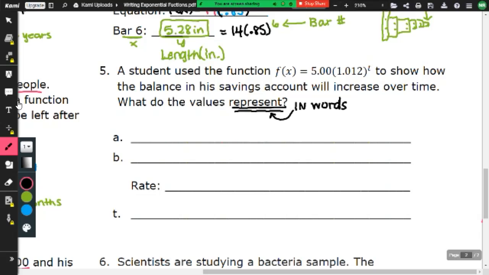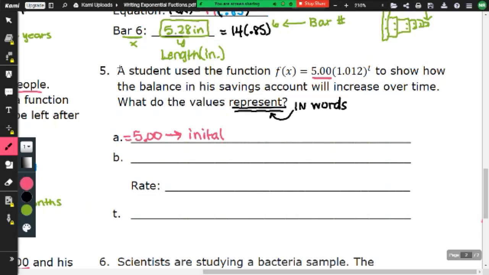So first things first, what is my value of A? A is my y-intercept. What is the y-intercept here? 5.00. What does that represent? The initial value of what?